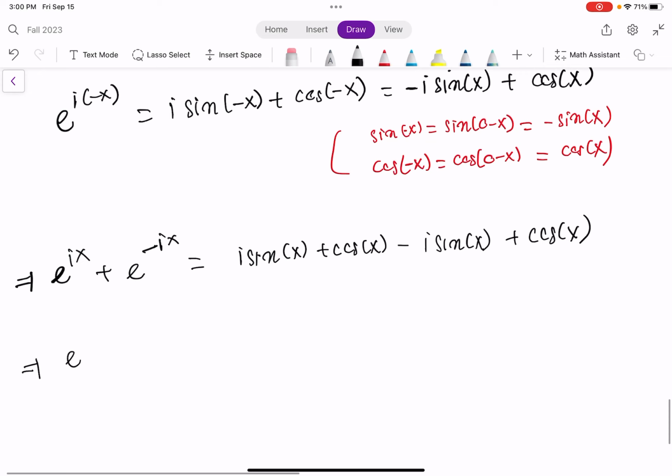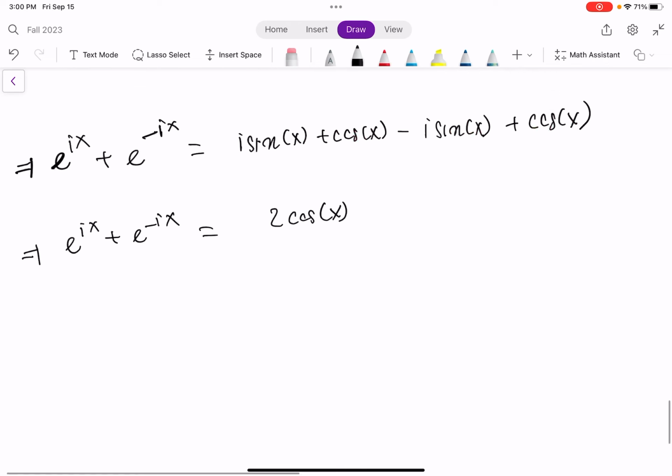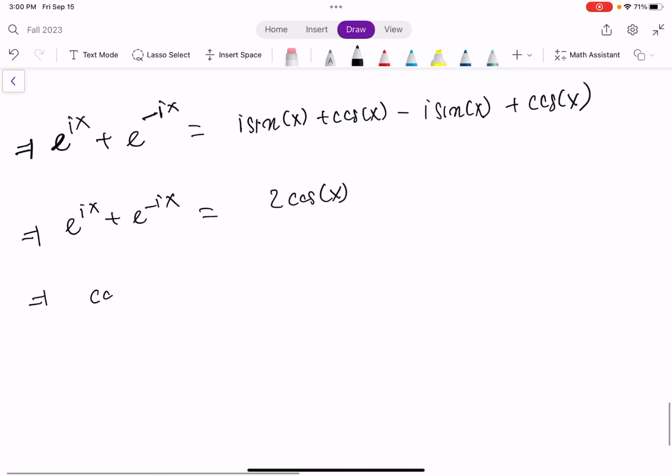So that means e to the power ix plus e to the power negative ix equals 2 cosine of x. Okay, wonderful. So what is cos of x? Cosine of x is e to the power ix plus e to the power negative ix over 2.